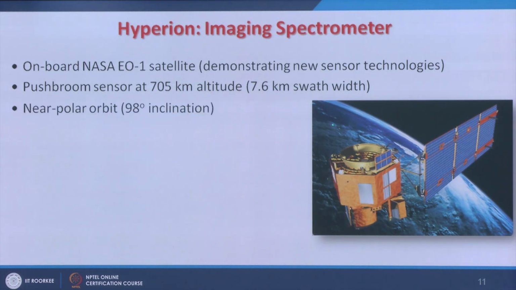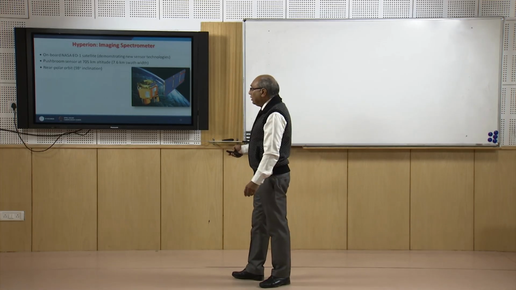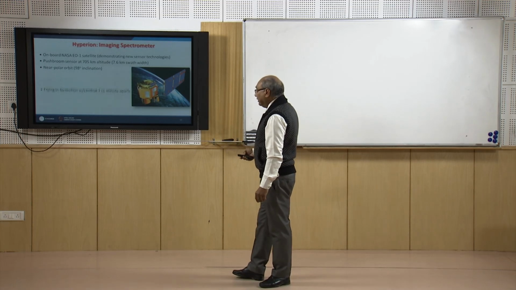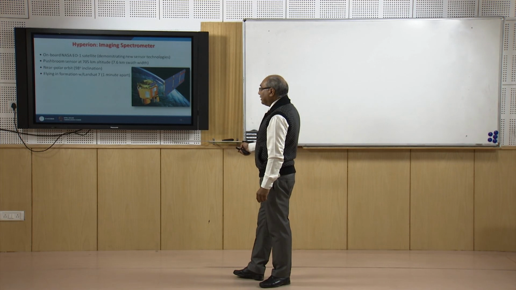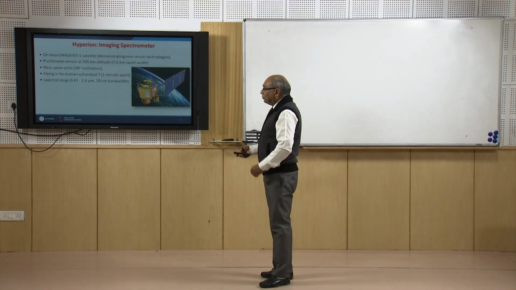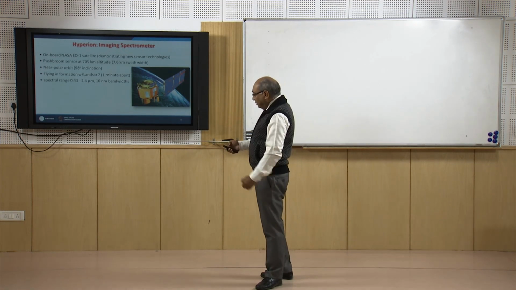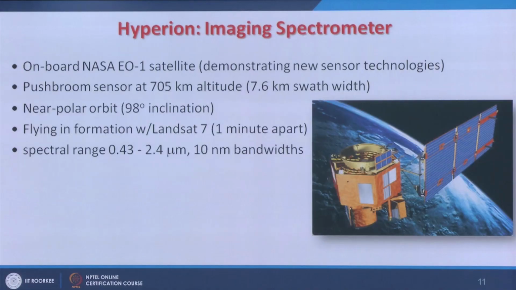The swath width is 7.6 kilometers, which is relatively very narrow, and it has a 98-degree inclination, flying in formation with reference to Landsat 7, just 1 minute apart, so that it can also be checked along with Landsat 7. The spectral range was, as mentioned earlier, 0.4 to 2.5 or 2.4, and each band had a 10 nanometer bandwidth. There were 220 spectral bands.